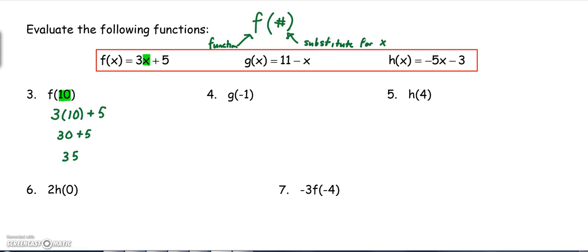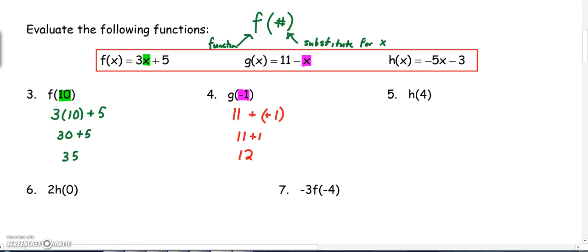Number 4, we have g of negative 1. So we're going to use our g function, and we're going to substitute negative 1 in for x. So I'm going to rewrite the problem so it's now 11 minus parentheses negative 1. And I'm going to evaluate. Two minus signs make a plus. So this is really 11 plus 1, which is 12.